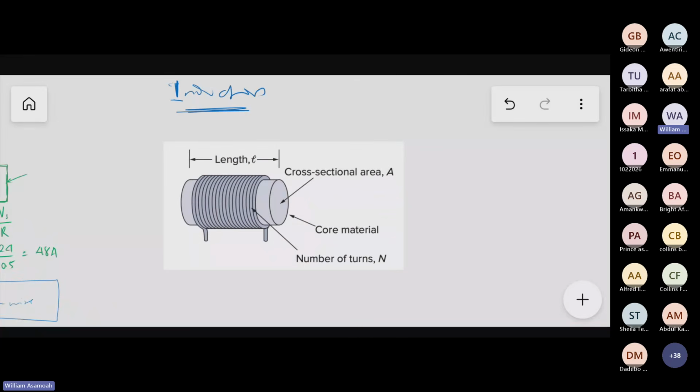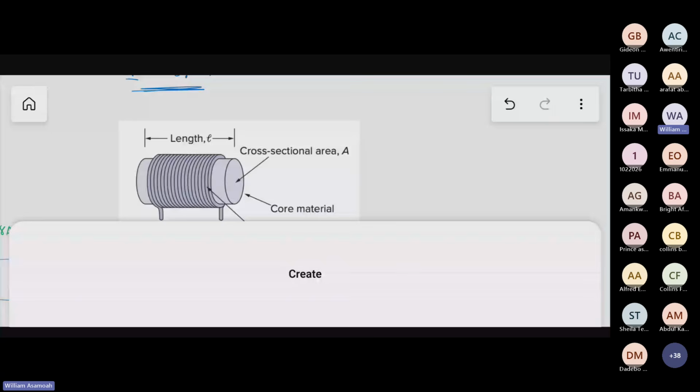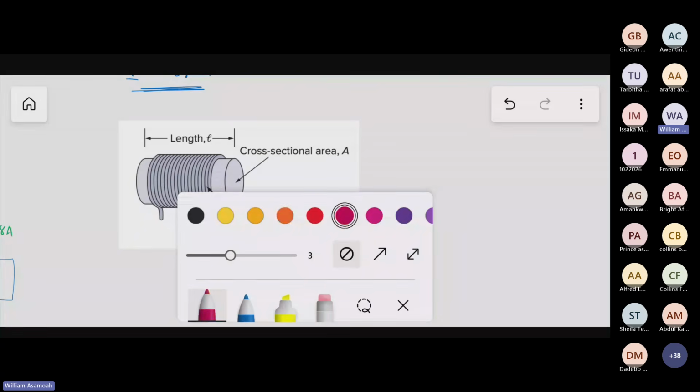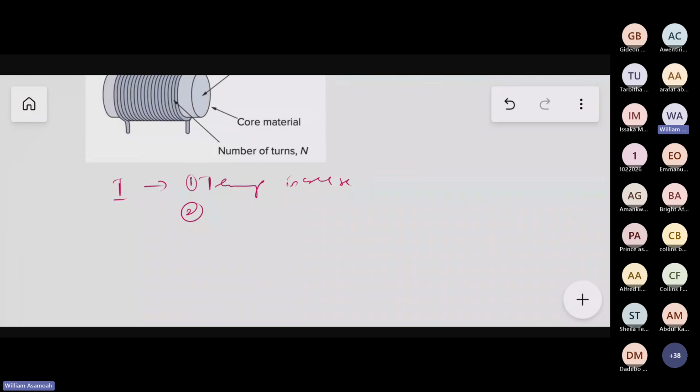Okay, great. So this is an inductor. You see, already I've established to you in class that, you remember that I said whenever current flows, two things happen. Temperature increase. You remember? And what else happened?